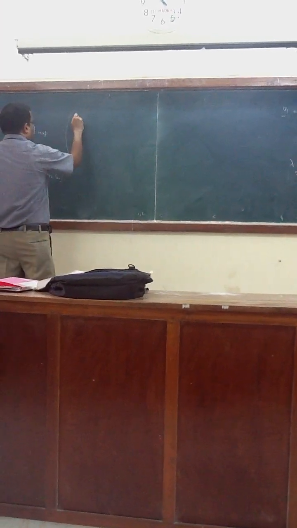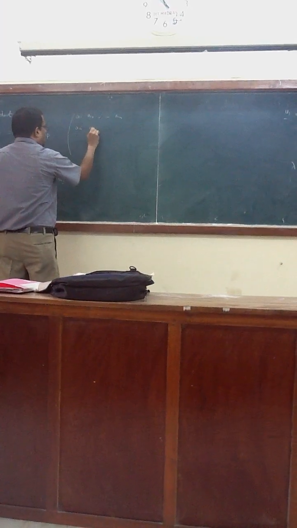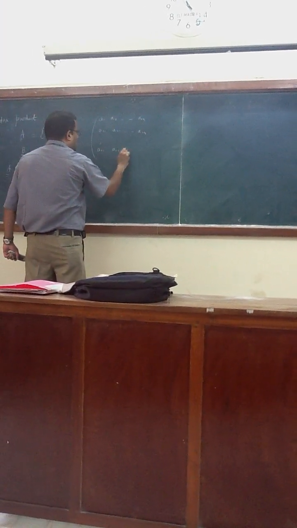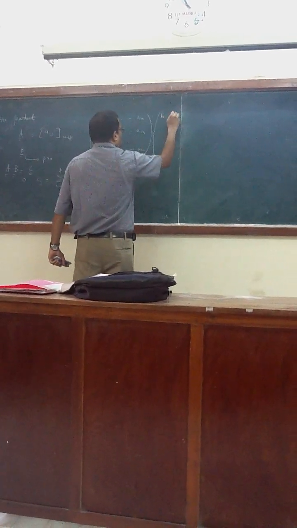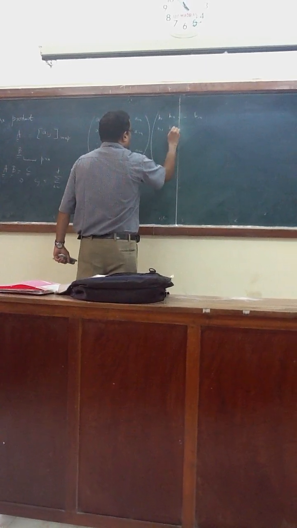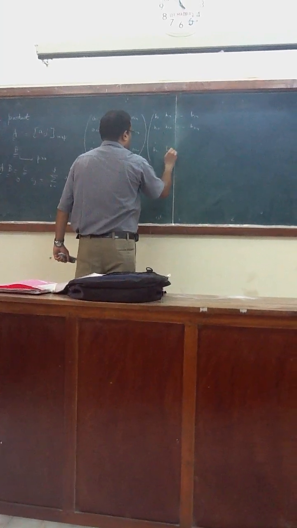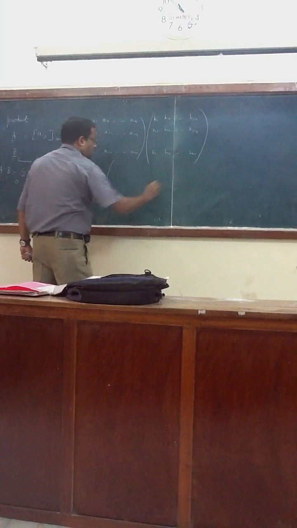If you have A11, A12, A1n, A21, A22, A2n, and An1, An2, Ann, and we have B11, B12, B1n, B21, B22, B2n, and Bn1, Bn2, Bnn, I am just considering two square matrices. We are getting the C matrix.